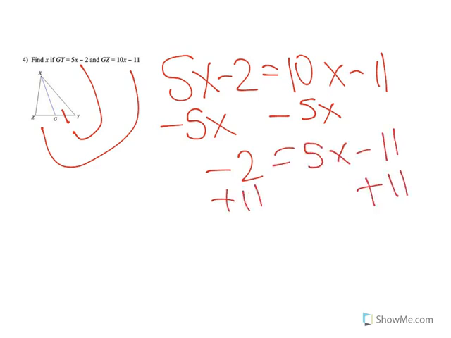Plus 11, 9 equals 5x. I feel like I did something wrong because we're getting a decimal, but that's okay. And so 9 over 5 equals x, which would be a weird x, but maybe I did some math wrong, wrote something down wrong. You can tell me if you watch the video and I was wrong.